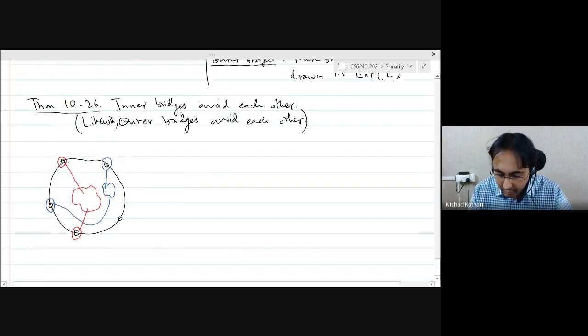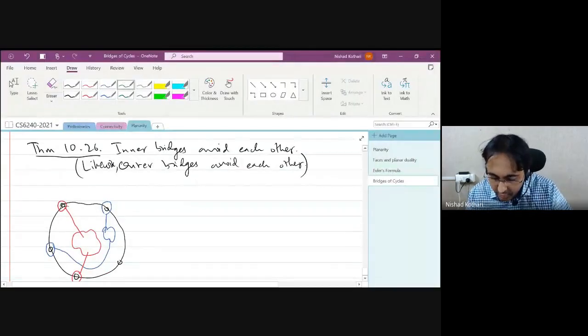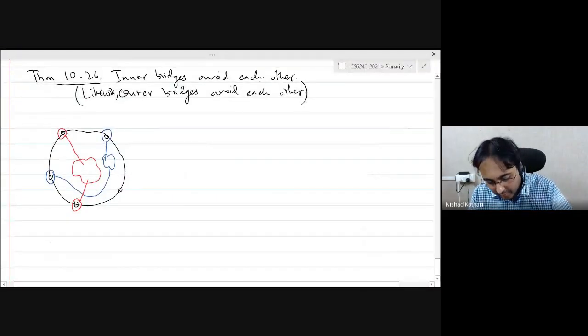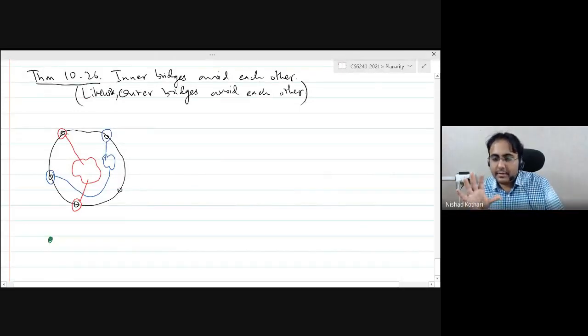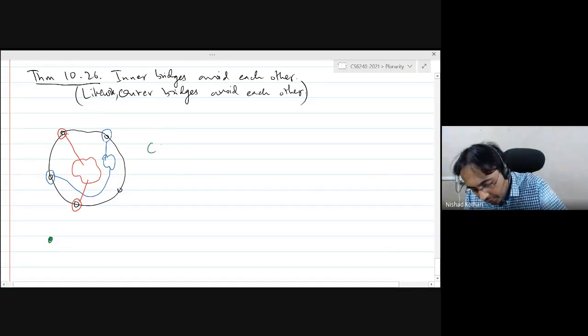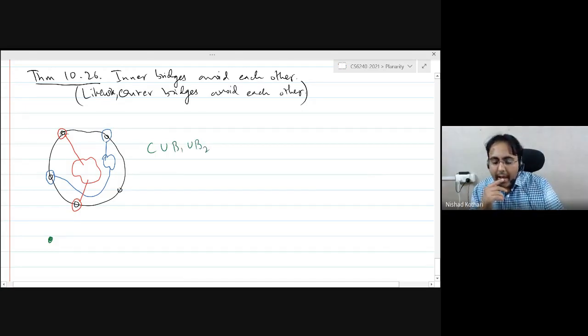So if they are skew, what you could do is add a vertex outside, because I will just take this cycle and the two bridges and delete the rest of the graph, right? So I'll get a planar embedding of C union B1 union B2. And because they are both drawn inside, they are both inner bridges.